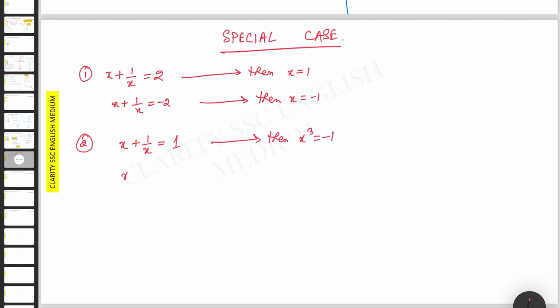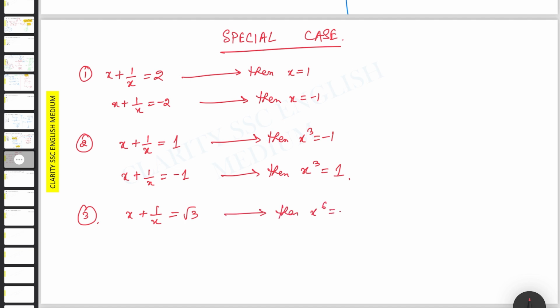And if x plus 1 by x is equal to minus 1, then x cubed is equal to 1. And the last one: if x plus 1 by x is equal to root over 3, then x to the power 6 is equal to minus 1. And if x plus 1 by x is equal to minus root over 3, then x to the power 6 is equal to 1.